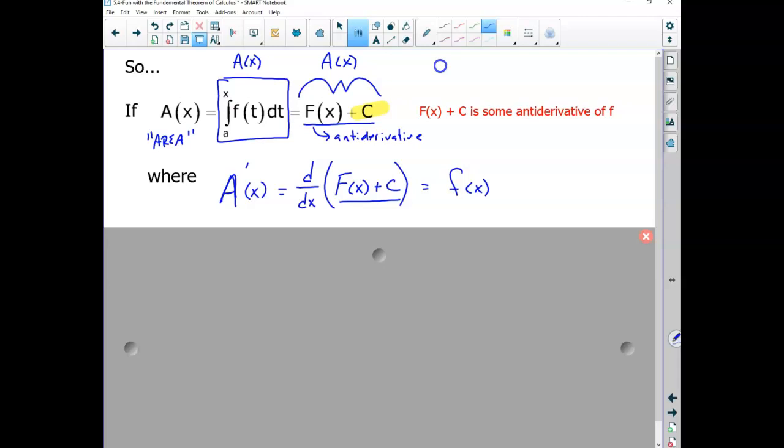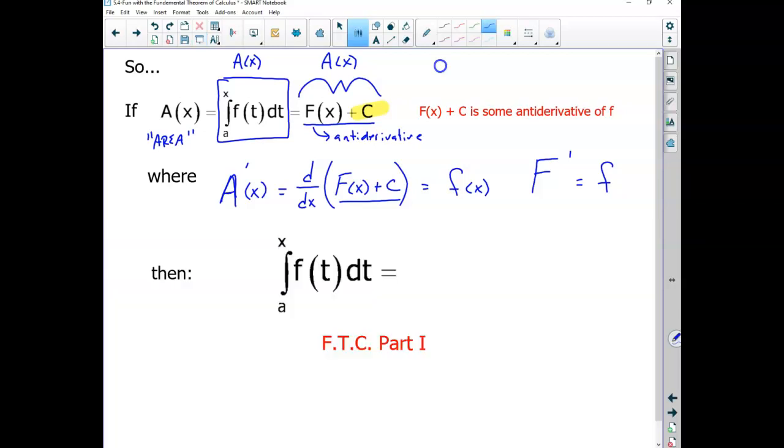In other words, the derivative of big F actually equals little f. Big F is an antiderivative, so when I take the derivative of an antiderivative, what happens? I get back to where I started. If I take the derivative of my area function, I get that original function I started with.